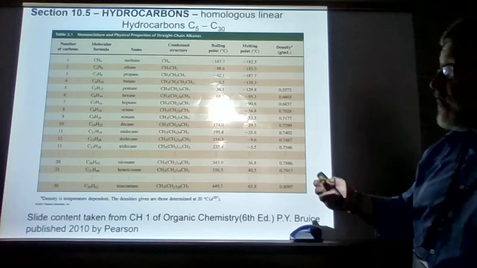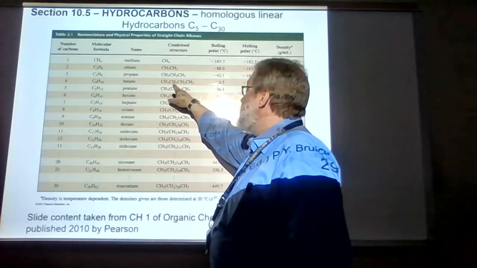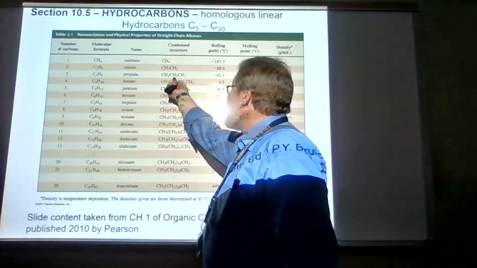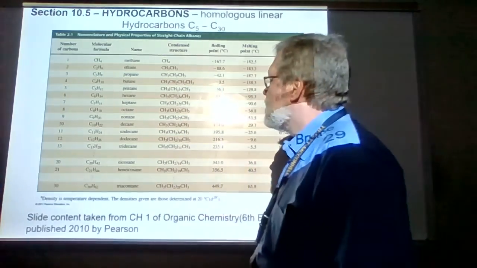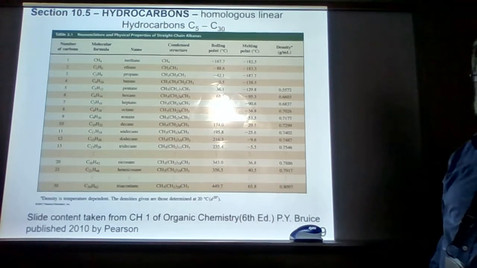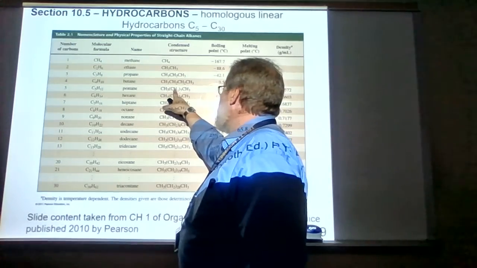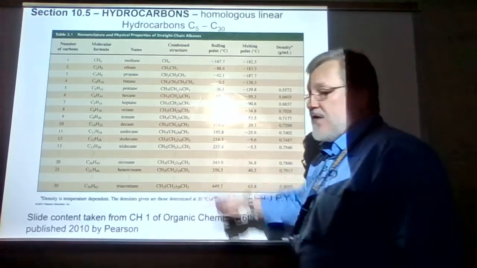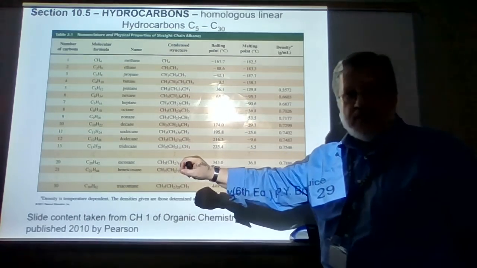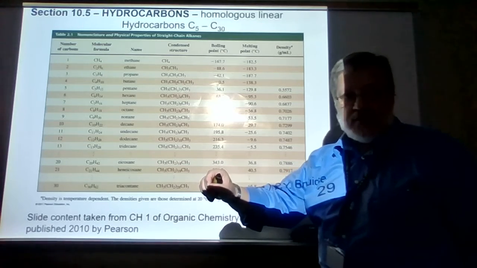But, 4 carbons, C4H10. CH3, CH2, CH2, CH3. Could we have squeezed these two together? Yes. Pentane, C5. So it's pent, a pentagon. CH3, CH2, CH2, CH2, CH3. Hex, 6. 6 linearly connected carbons, saturated, no double bonds.